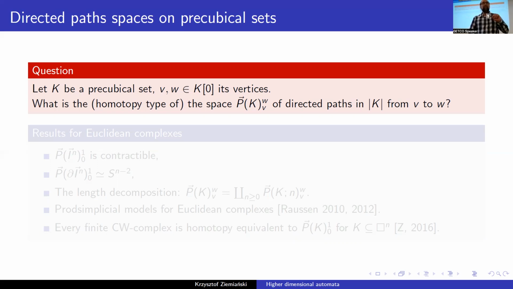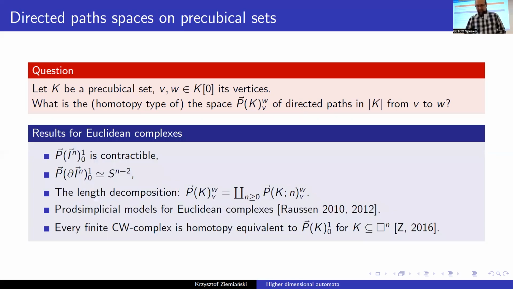Namely, what's the homotopy type of this? So there is a sequence of results. The first result is obvious. When you start with a standard cube and look for the paths from the beginning to the final vertex, it's just contractible.